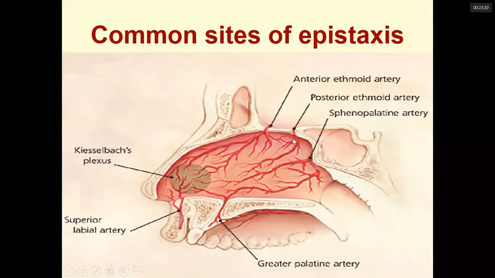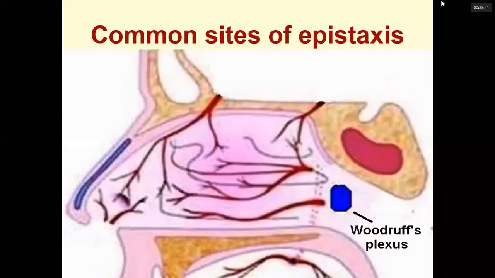And see here, the posterior ethmoidal artery just ends here, so it is not supplying Little's area. Look here, this is another common site, Woodruff's plexus. This is the sinus, and this is the inferior turbinate, the middle turbinate, the superior turbinate, and just behind the posterior end of the inferior turbinate, inferior to that, you get Woodruff's plexus.